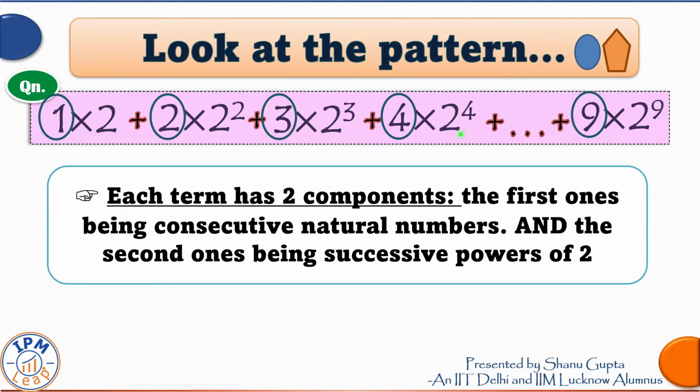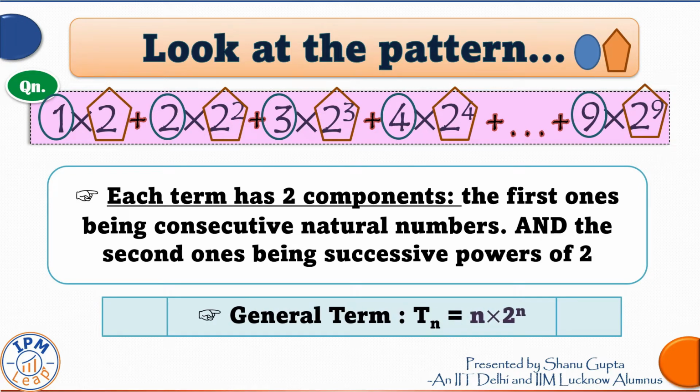And the second ones are 2 raised power of 1, 2 raised power of 2, 2 raised power of 3, and so on up till 2 raised power of 9. They are successive powers of the number 2. So if we have to write down the formula for a general term of this series, say the nth term, it will be Tn, which means the nth term is equal to n into 2 raised power of n.